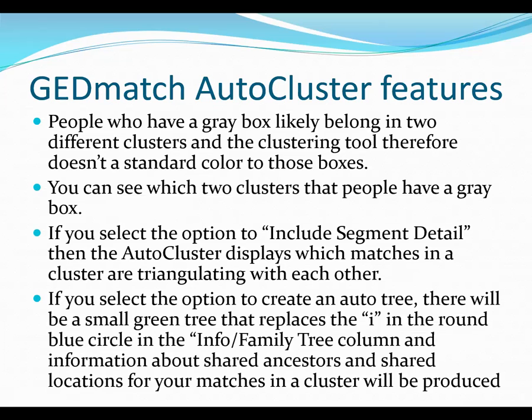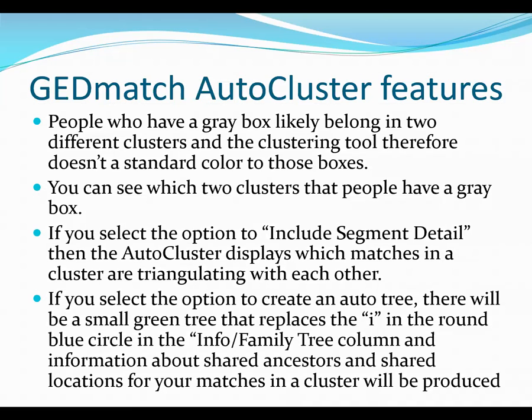I also want to highlight the gray boxes. The gray boxes simply mean that two people are in different clusters, but they're sharing DNA with somebody else in another cluster. So don't ignore the gray boxes. That can be helpful.